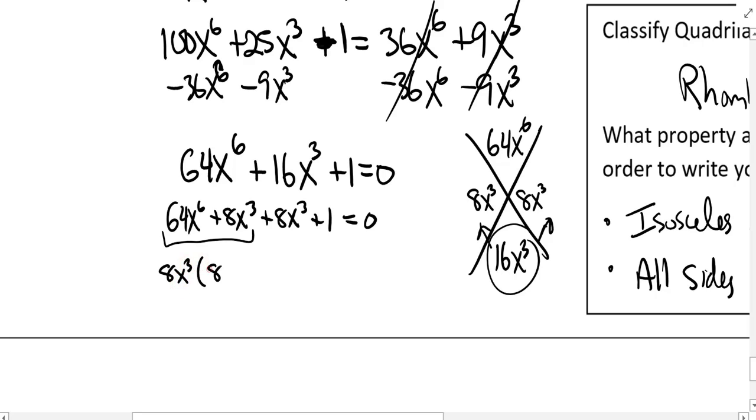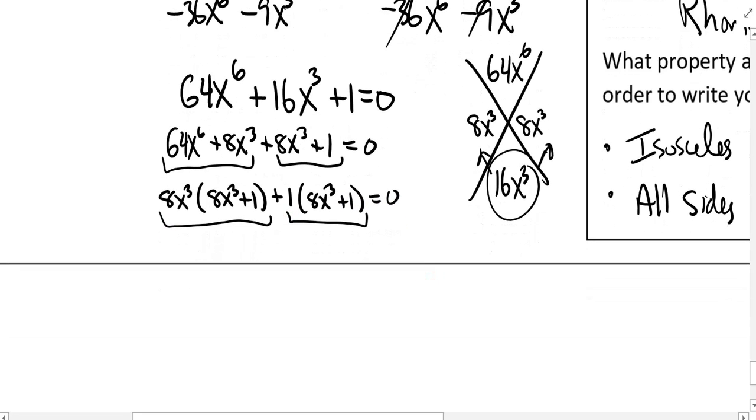What remains is 8x to the third plus 1. Plus, I'll just factor out a 1. Both of these terms have a common factor of 8x to the third plus 1. And what remains is another 8x to the third plus 1.